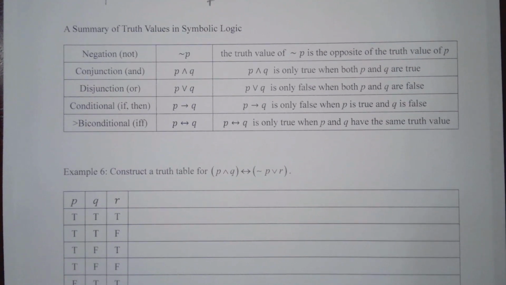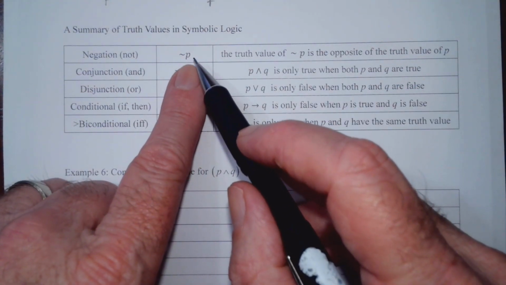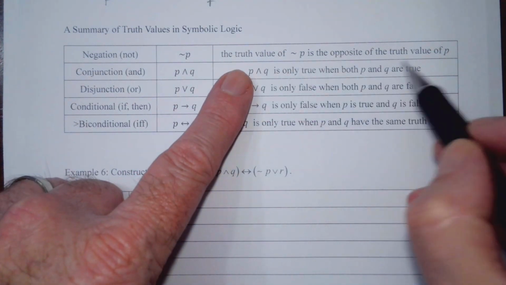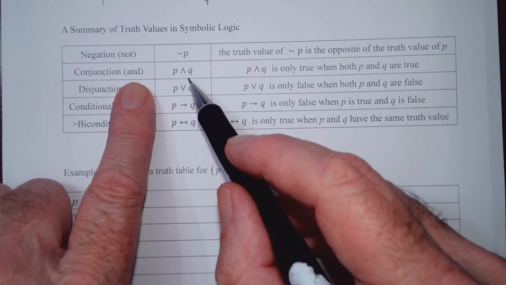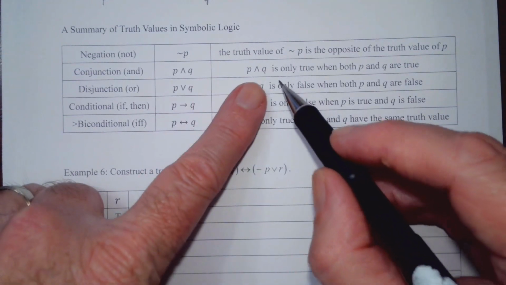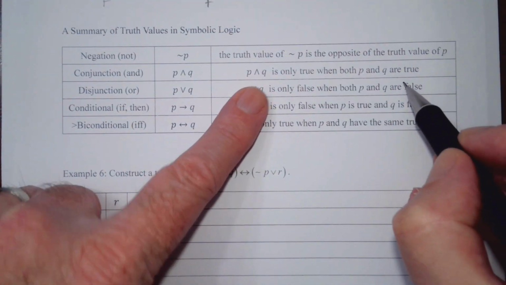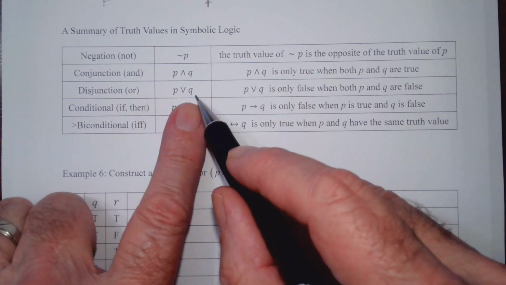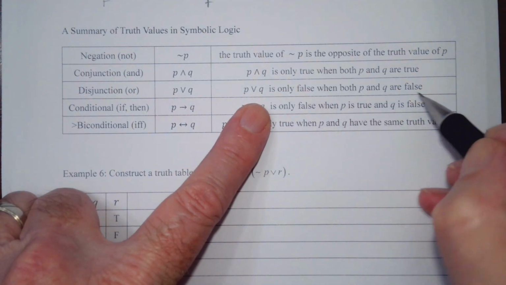All right, so I have a summary of our truth values. So we have talked about not P, and the truth value of not P is the opposite of the truth value of P. For the conjunction or an and statement, P and Q is only true when both P and Q are true. For the disjunction or an or statement, P or Q is only false when both P and Q are false.